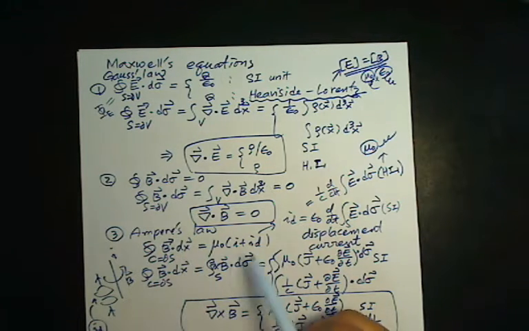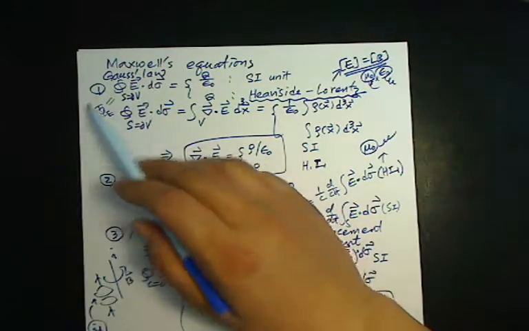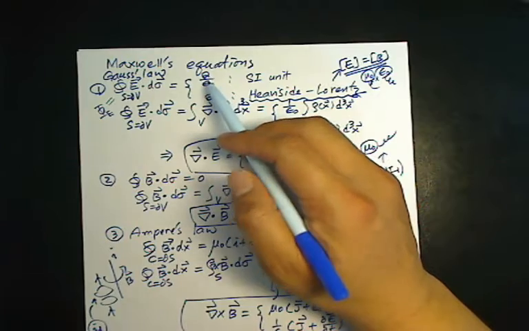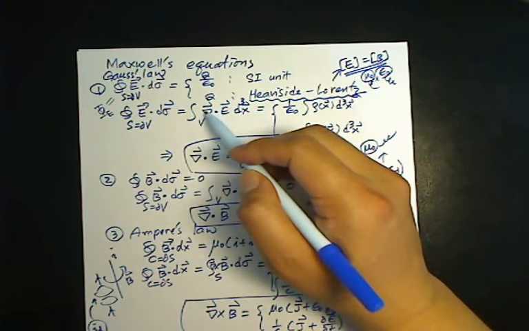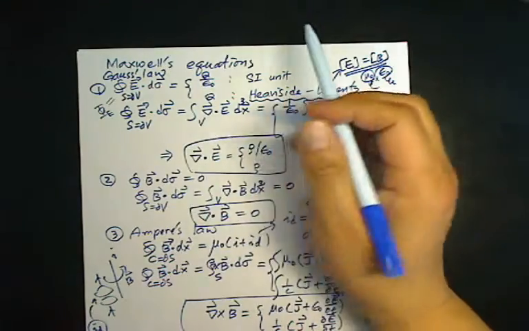Okay, let's see. The electric field flux is proportional to the charge enclosed inside the volume, whose boundary is this closed surface.